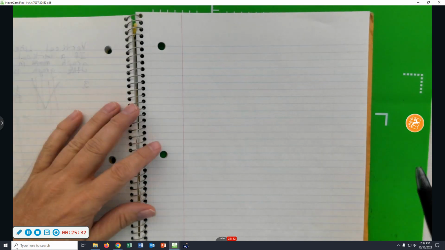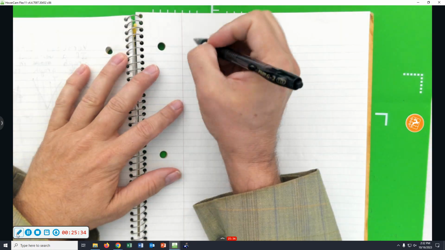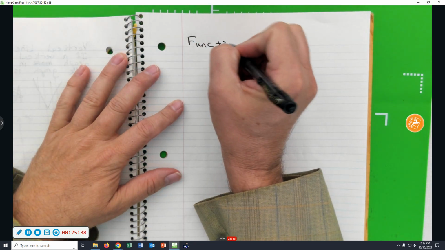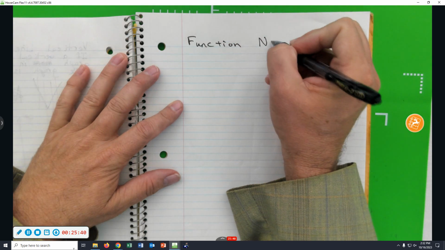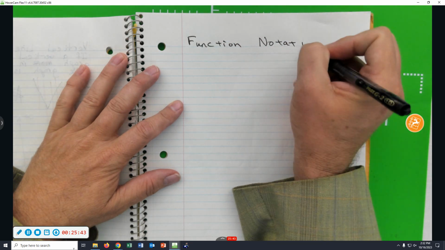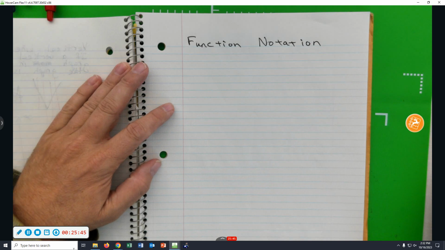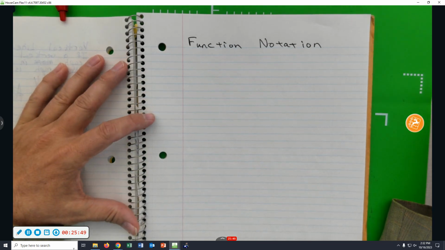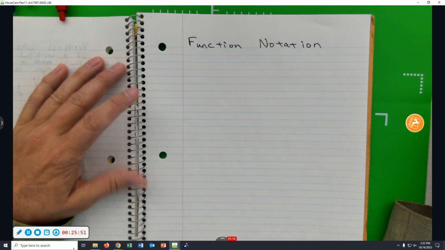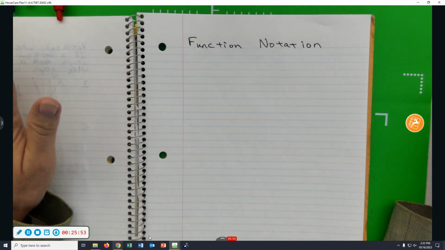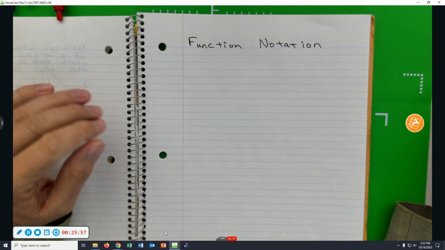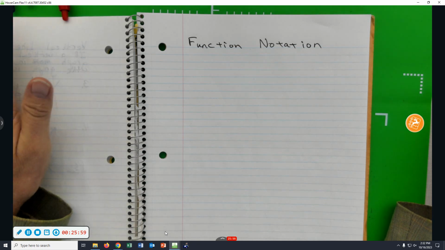Okay, I want to talk about something called function notation. Function notation is nice because if it's used in an equation, that's telling you that the equation is a function.